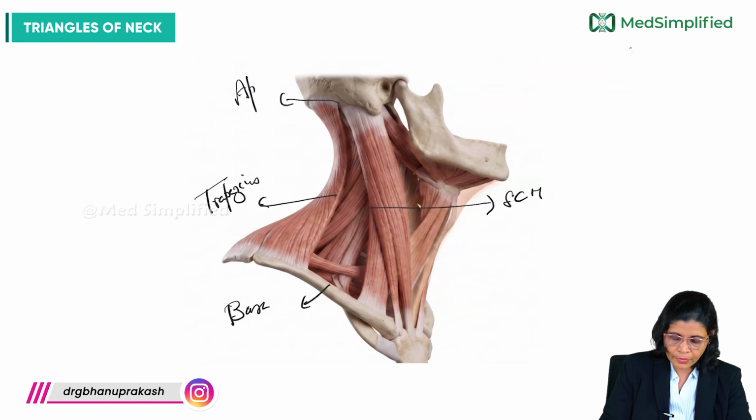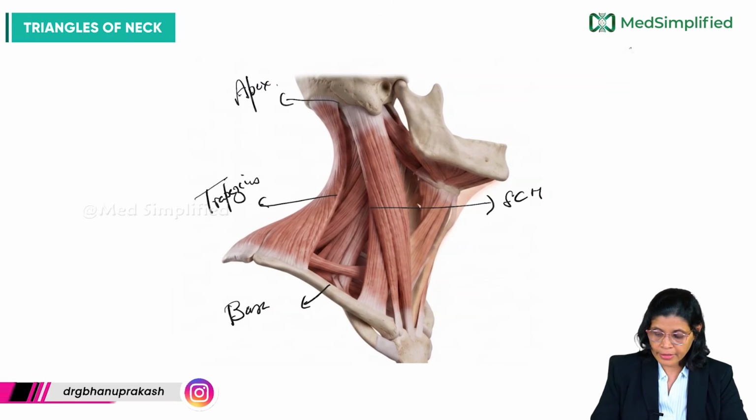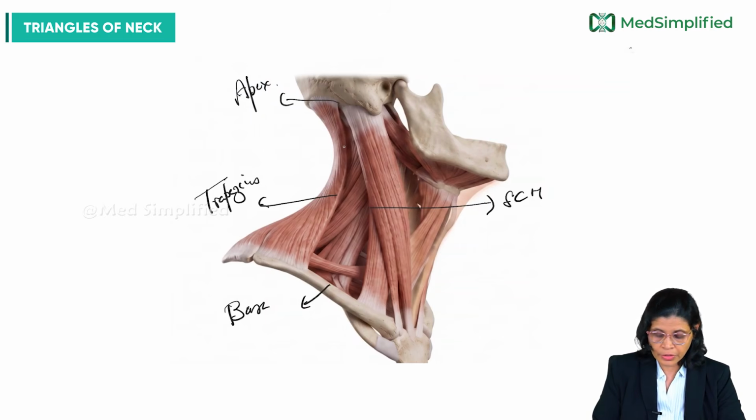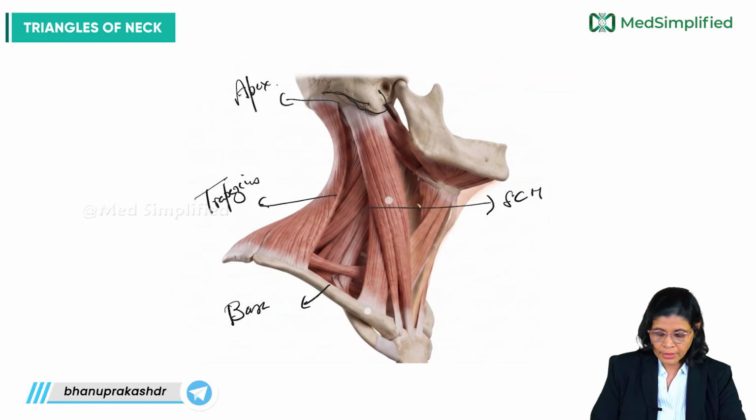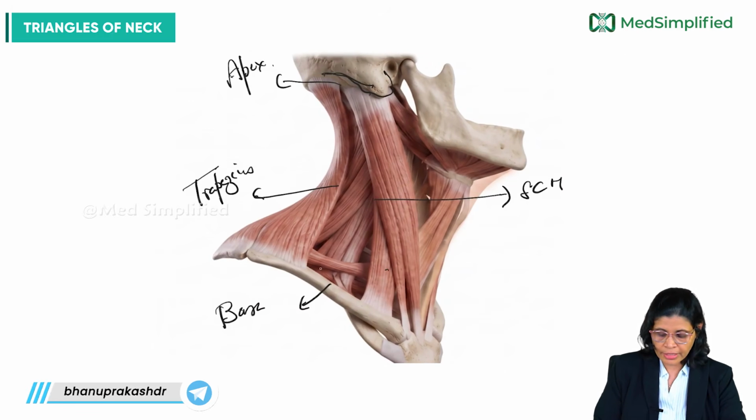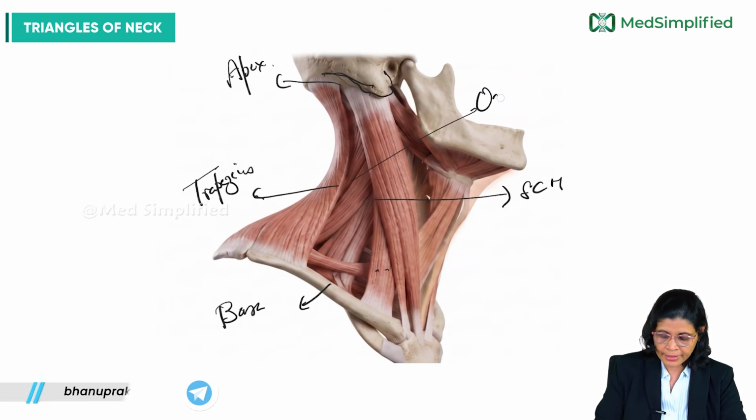This is the apex, the meeting point of the sternocleidomastoid and trapezius, at the superior nuchal line and mastoid process. You can also see the inferior belly of omohyoid dividing it into a larger occipital triangle and a smaller subclavian triangle.